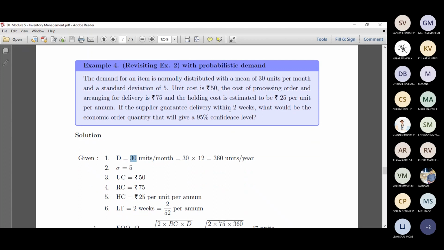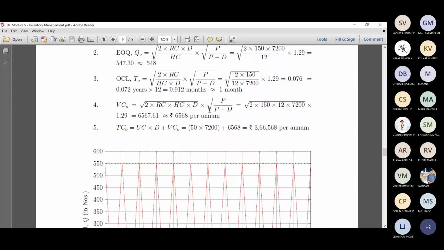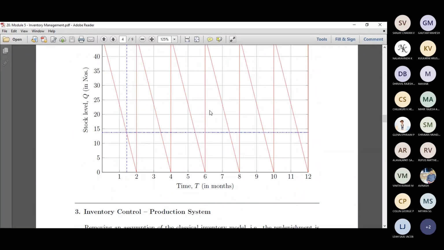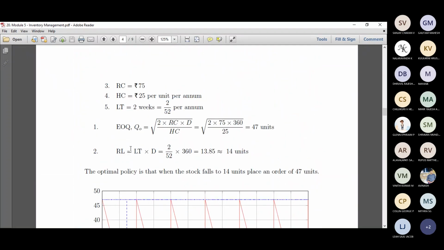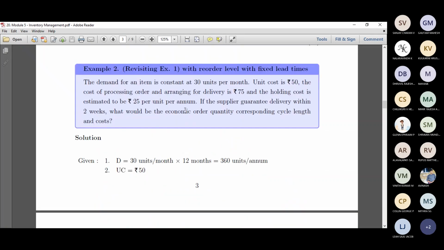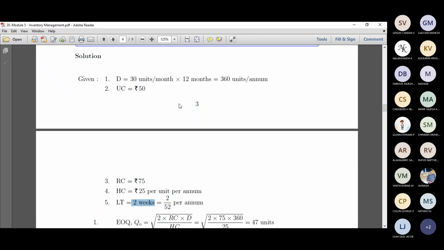And you can see here the lead time is given. In the previous case, we found the reorder level like 14 units. Here the lead time is 2 weeks, given by the person who formulated this problem.